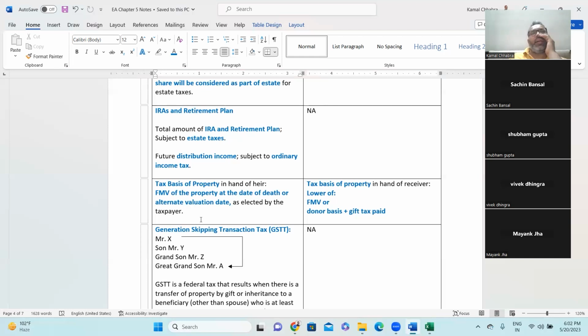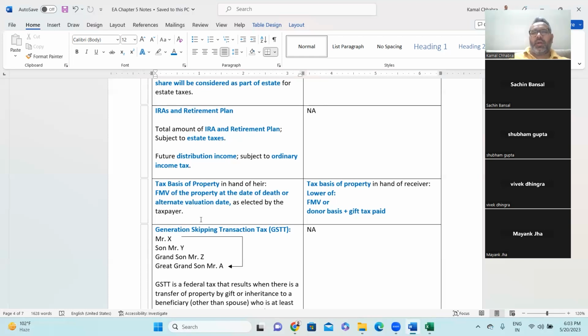Now, after 10 years, that individual died. Then the IRA would be transferred to the other spouse or maybe a legal heir. In that scenario, the amount being transferred from the IRA or retirement plan would be considered taxable under the estate tax.